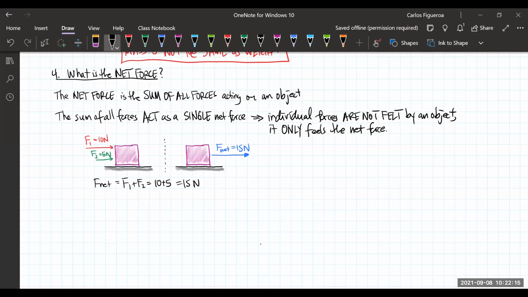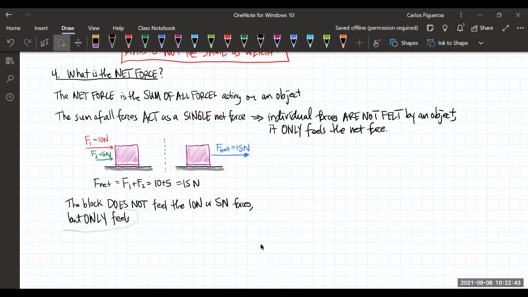To keep stressing, the block does not feel the 10 newton force or the 5 newton force, but only feels, I'm going to spread this out on the other side because I want to conserve space, only feels the 15 newton force.